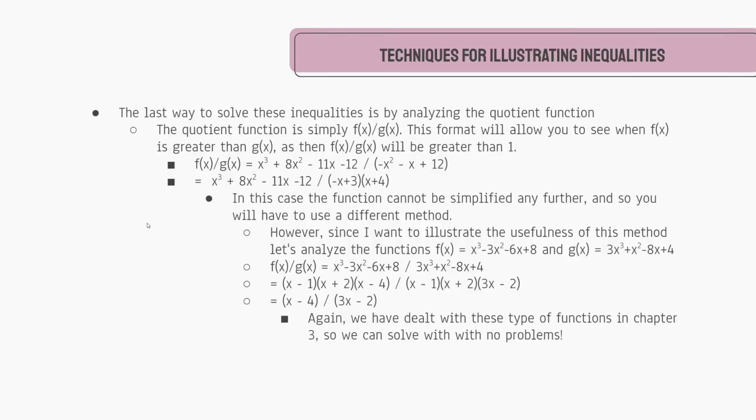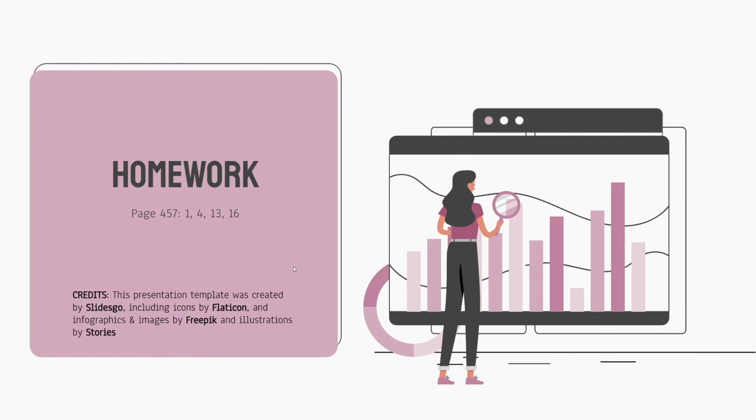Hopefully you've enjoyed that little demonstration of the 3 methods using Desmos, but now let's actually talk about the homework. I have assigned 4 questions here. 2 of them are going to be focusing on knowing how to solve the inequalities algebraically, and the other 2 are actual word problems.